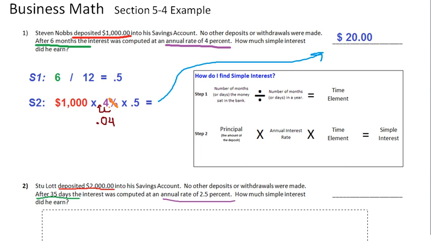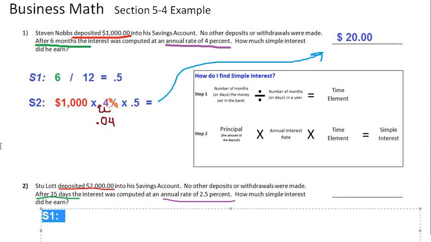We've got a couple of steps to do once again. Step 1. How many months or days did it sit in the bank? This time it's 35 days. And we're going to divide it by the number of days in a year, because the formula tells us to do that. Hopefully you know that 365 days are in a year.